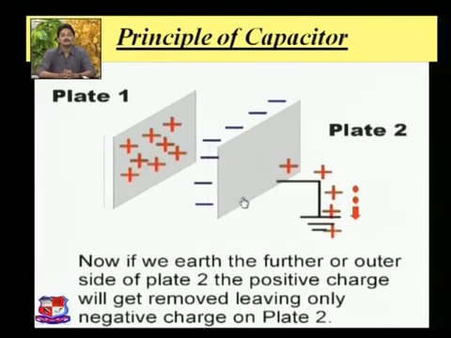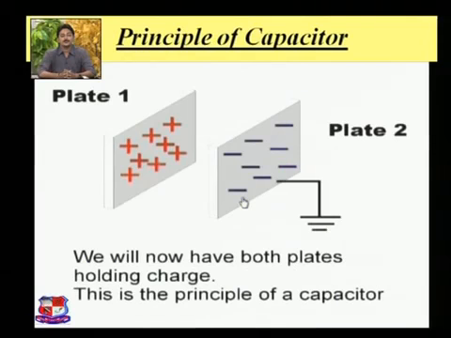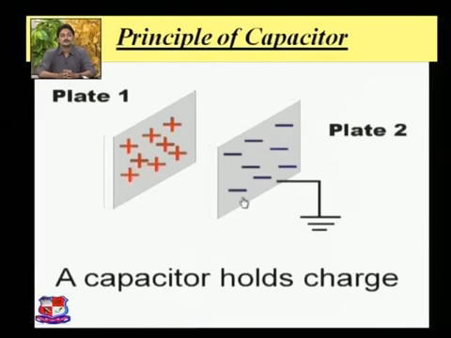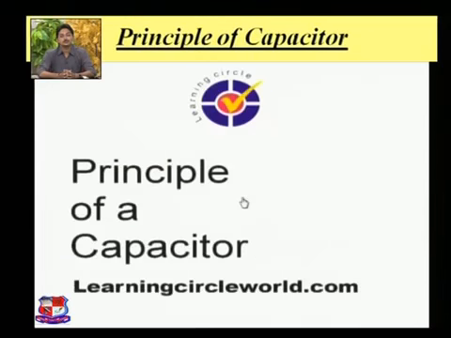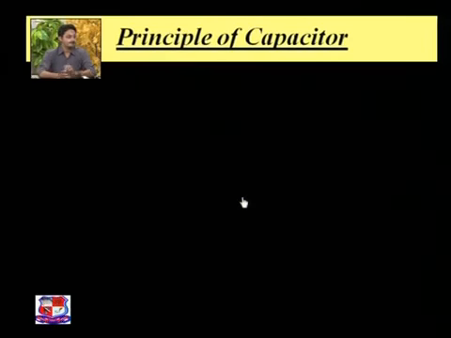Whenever we apply the supply, some of the charge carriers are attracted from plate 1 to 2. So a potential difference is generated between the two plates, and that is the principle of a capacitor. So the capacitor is a device used to store energy or charge carriers.